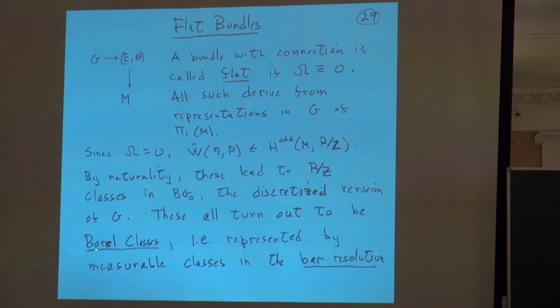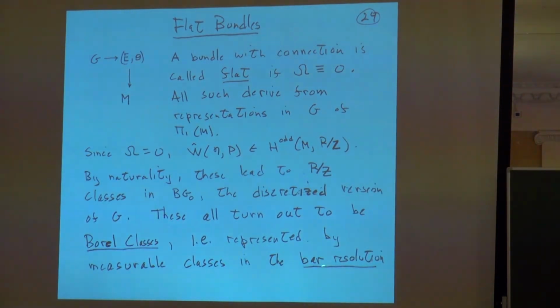Now, they turn out to be what's called Borel classes in the bar resolution. And some of this, one way or another, was due to Wigner, the younger, who looked at the Borel classes in these discrete groups, quite important, interesting.